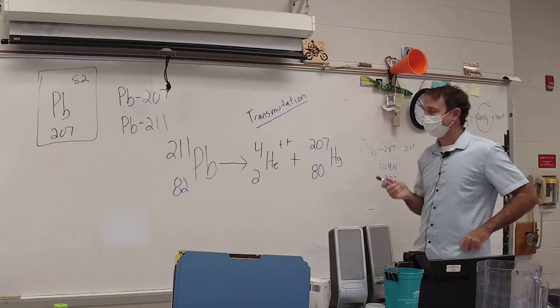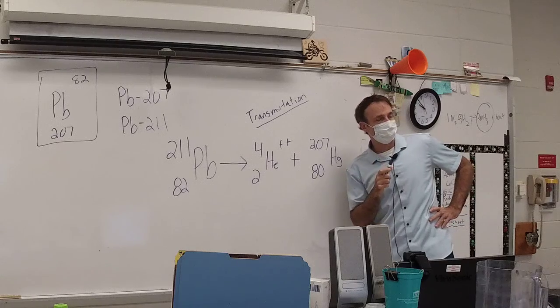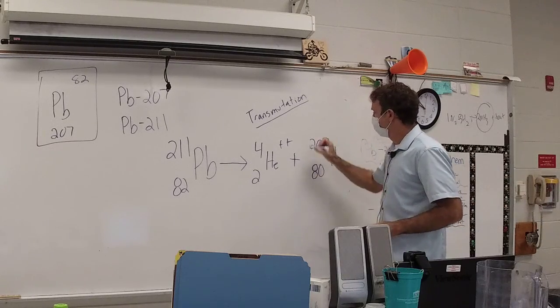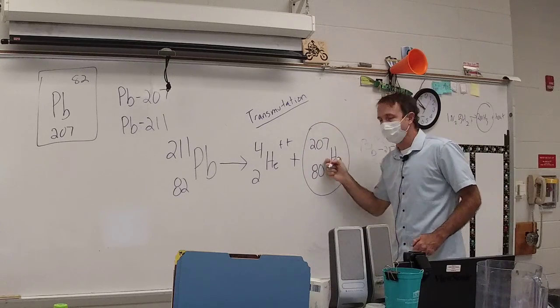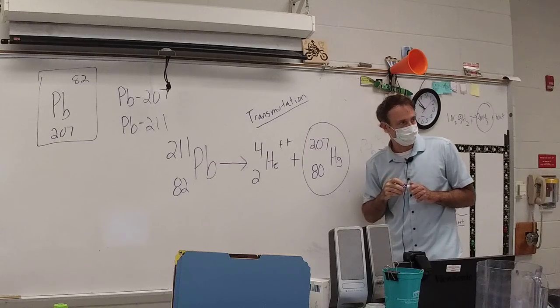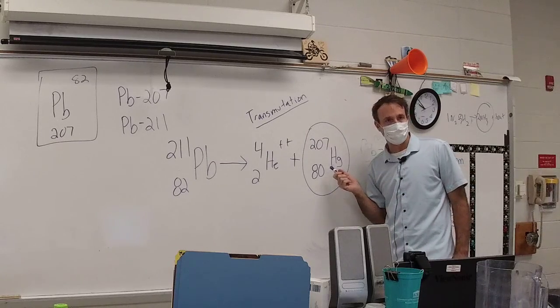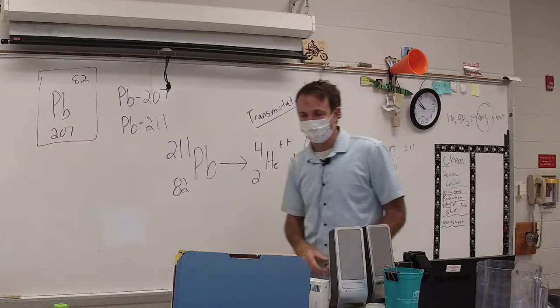And the last thing I would ask you about this would be this. Do you believe that this new mercury atom that we made would be very stable? Somebody give me yes or no. Do you think this mercury would be a very stable version of mercury? You're shaking your heads. No, and that's right.